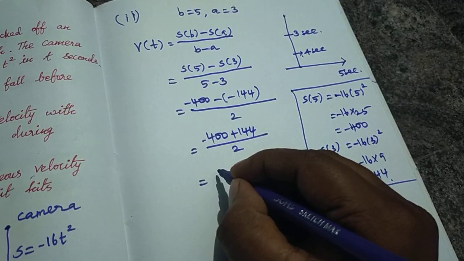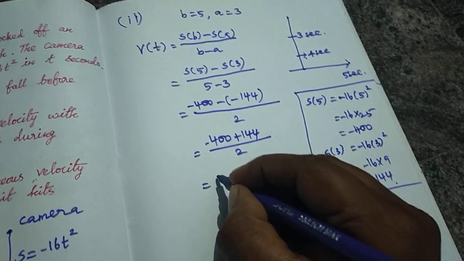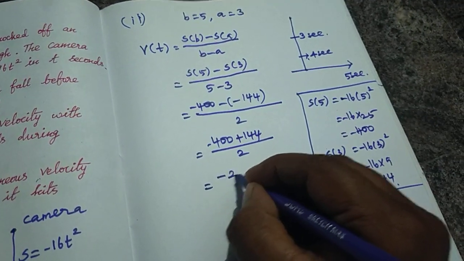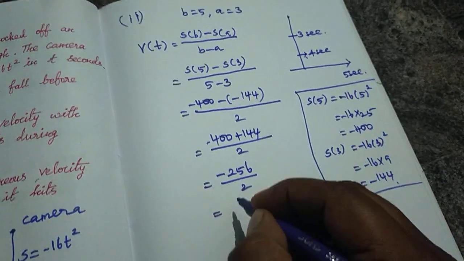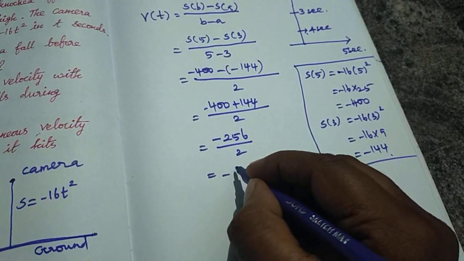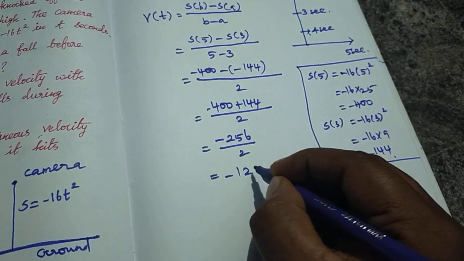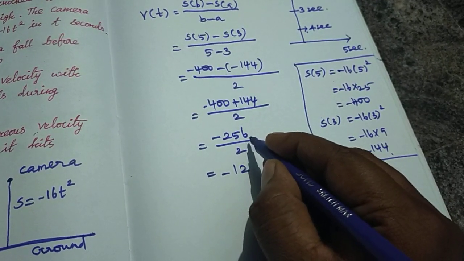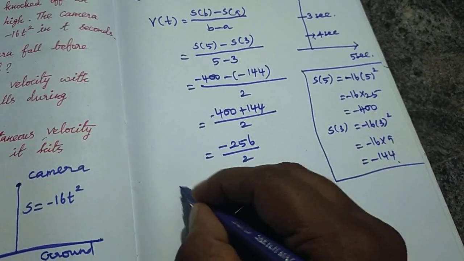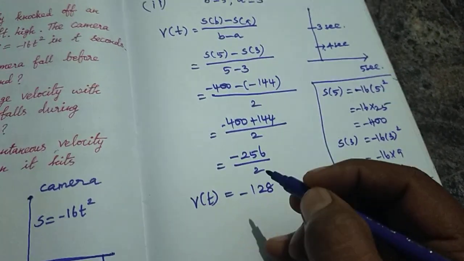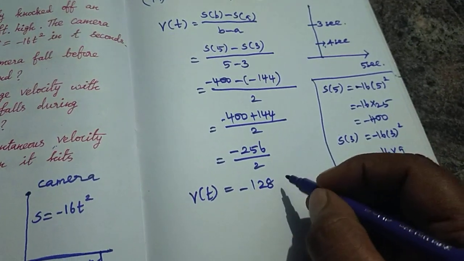When you subtract we get -256 divided by 2. When you divide by 2, we get 1 2s are 2, 2 2s are 4, 8 2s are 16, so -128. So this is the average velocity.